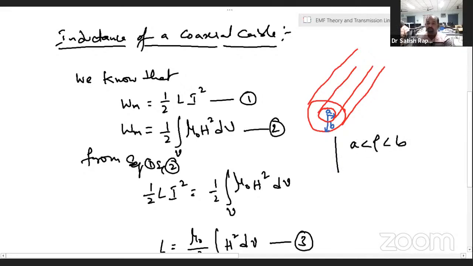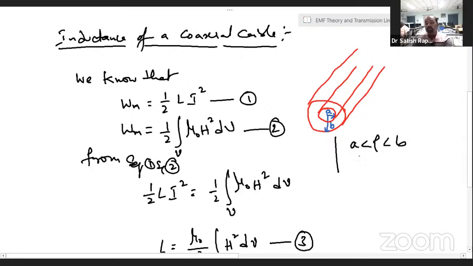So the magnetic field exists in between the inner conductor and outer conductor, not outside. Outside the outer conductor or inside the inner conductor, the magnetic field does not exist.